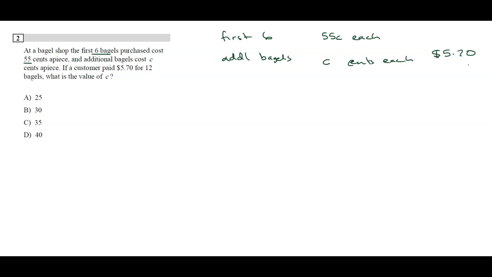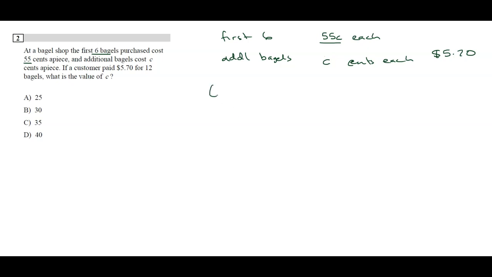So we have $5.70, and I want to find the value of C. So here's how I'm going to do it. I'm going to convert 55 cents to a decimal to work with.